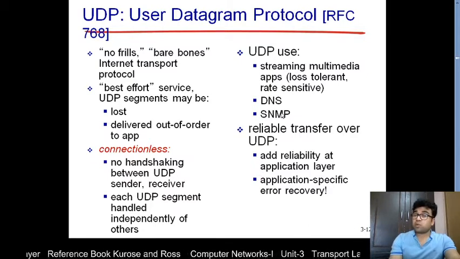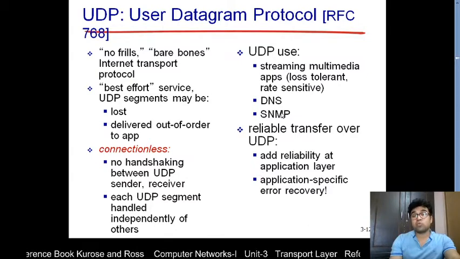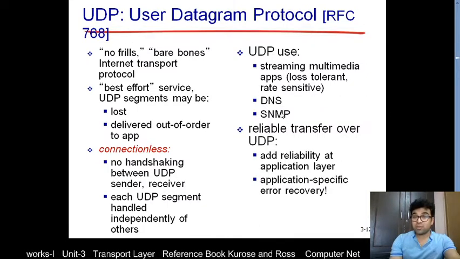now the responsibility of the transport layer is to provide process-to-process delivery. That means the responsibility of the transport layer is to send that DNS query from the DNS client to the DNS server process which is running at the destination system.